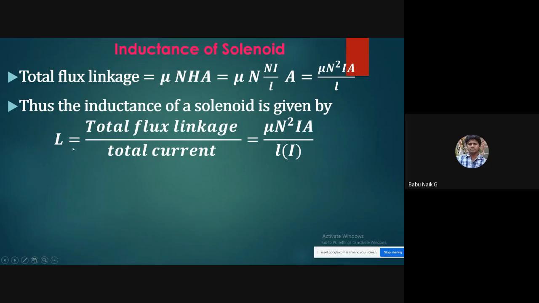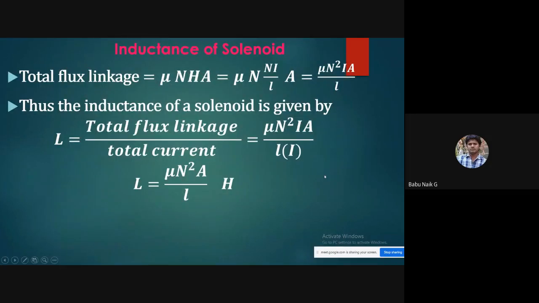That is the definition of inductance. The total flux linkage due to the solenoid is mu n square I A by L, and the current flowing through the circuit is I. Now the current is the same in both, so the current cancels. Then the inductance for the solenoid is mu n square A by L, in Henry. So this is the complete inductance for a solenoid.